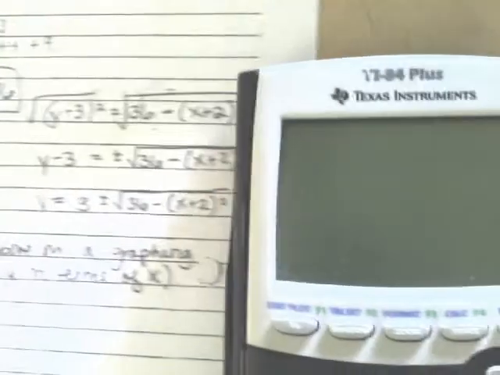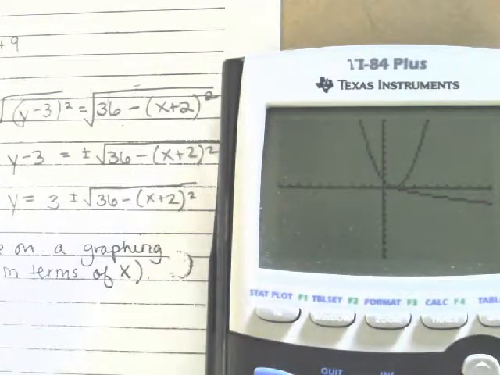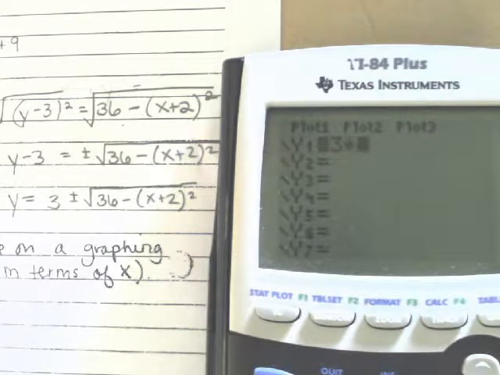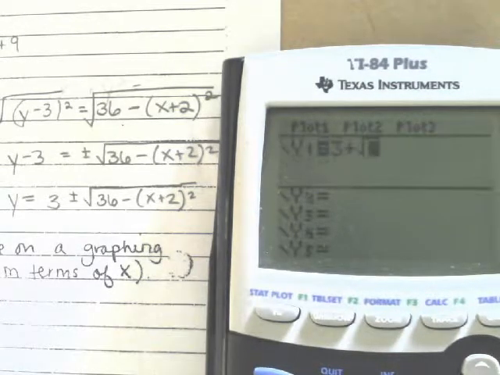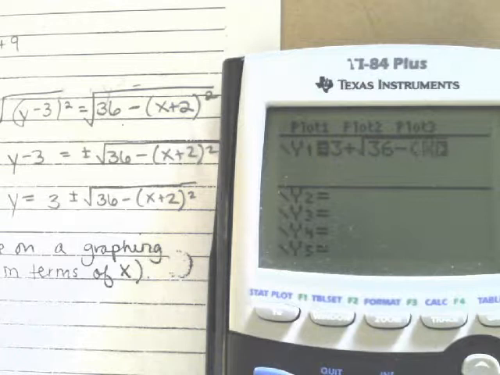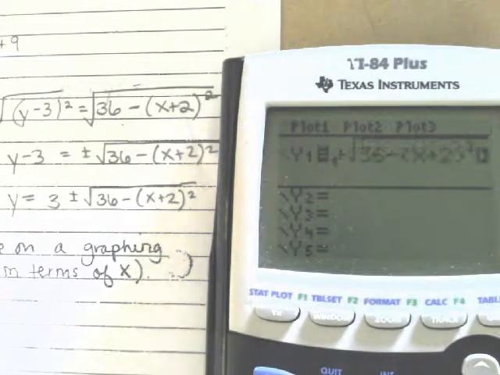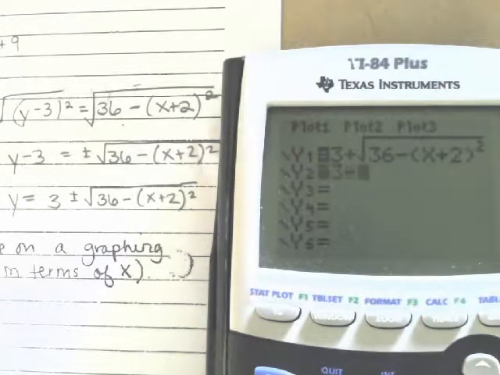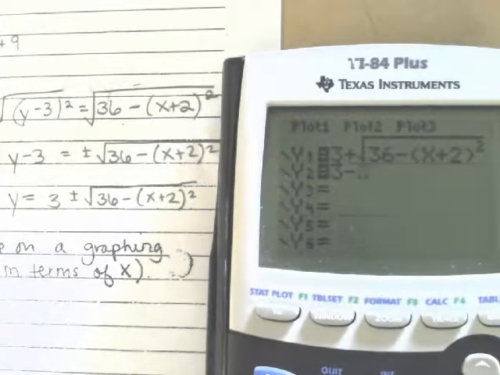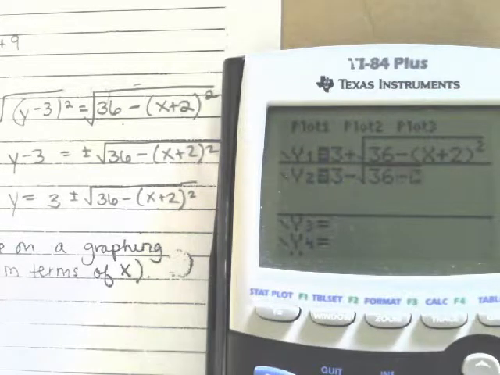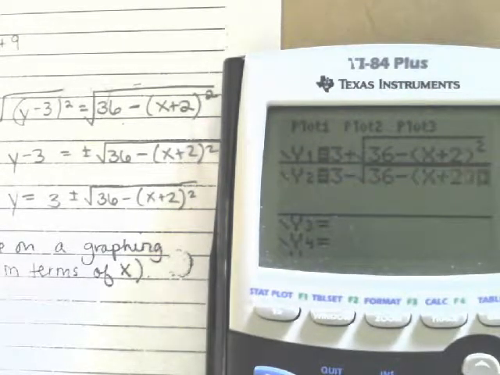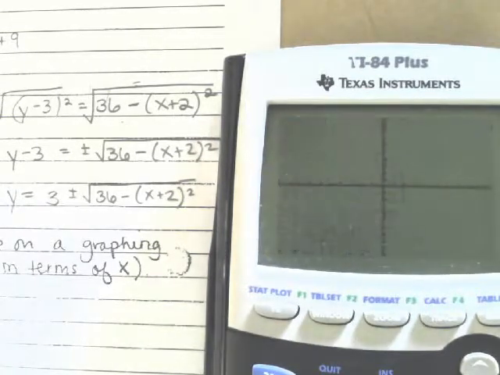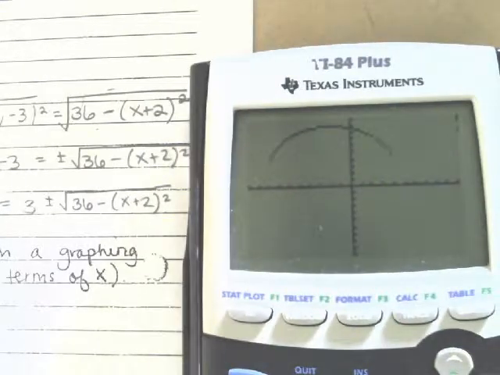And then we type in 2 separate functions. 3 plus the square root. And then 3 minus the square root. And then graph it.